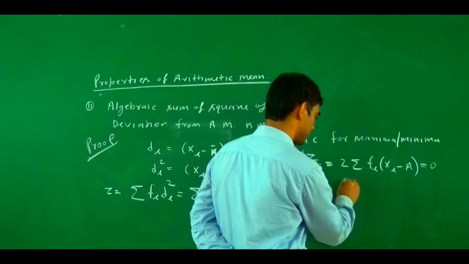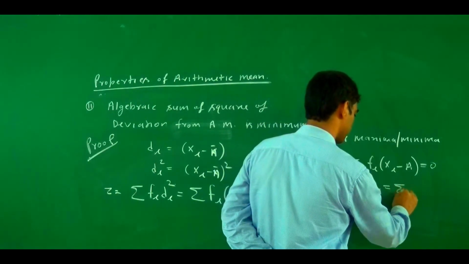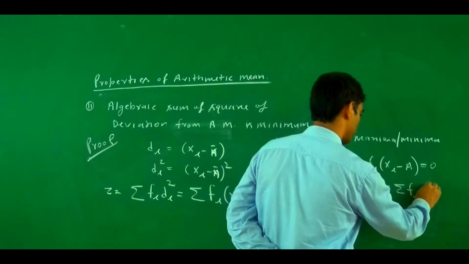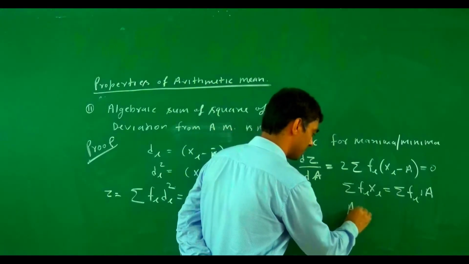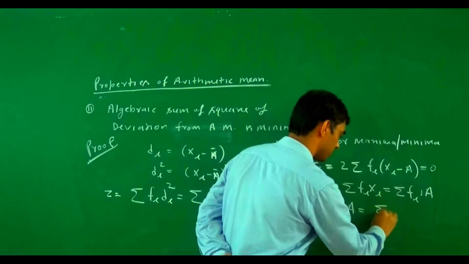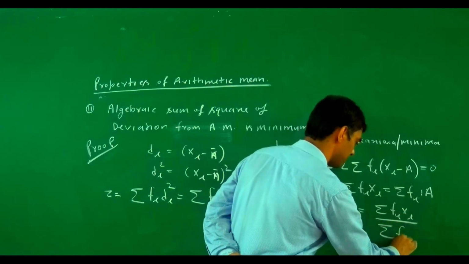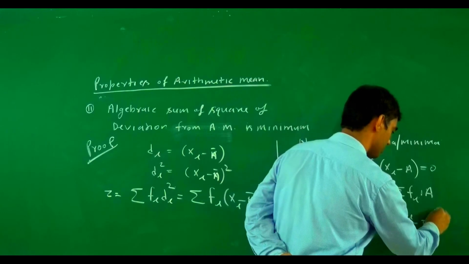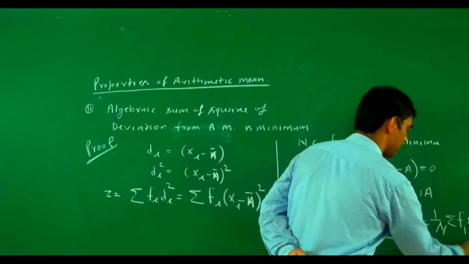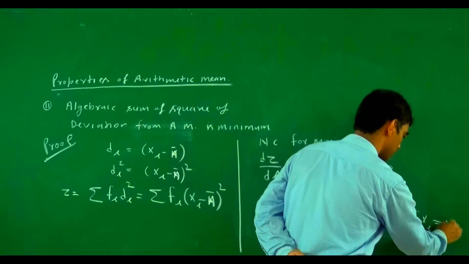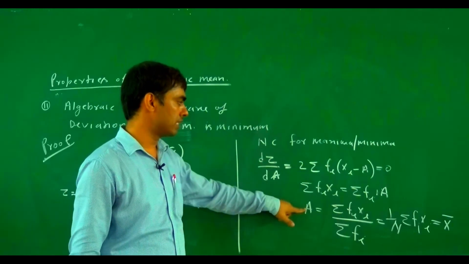This one becomes summation of fi xi equal summation of fi into A. So the value for A becomes summation of fi xi divided by summation of fi, and this one is nothing but 1 upon capital N summation of fi xi. And what is the value for this one? The value for this one is x bar. So with the help of a necessary condition, A equal what?